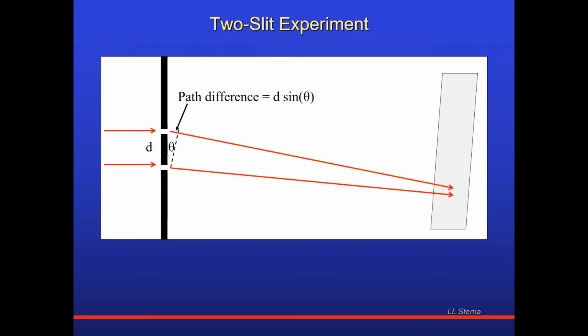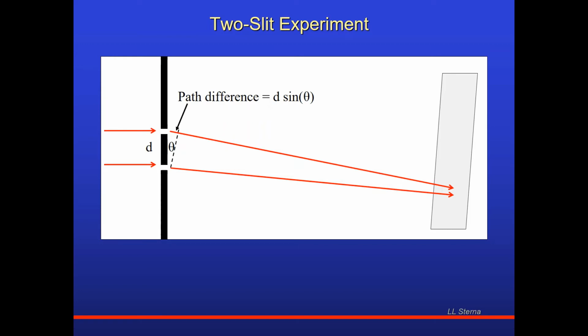If we look at the little triangle, where you've got the dashed line, a short portion of the red line on the top, and then you've got the space d between the two slits, that's a right triangle. The angle theta has the opposite side, that little path difference between the two.